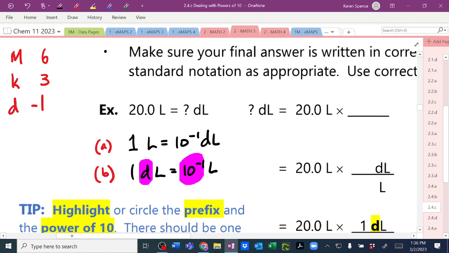So you should never have both a power of 10 and a prefix in a conversion factor.